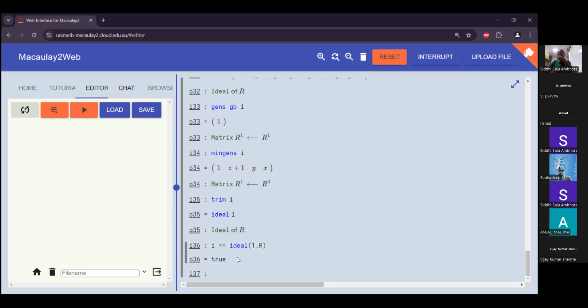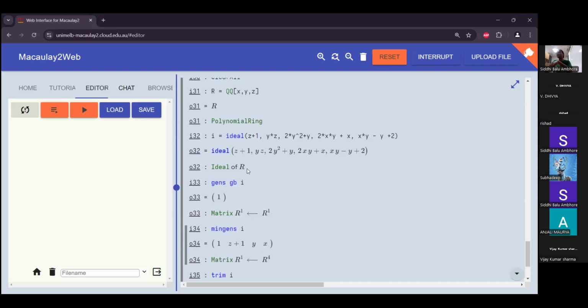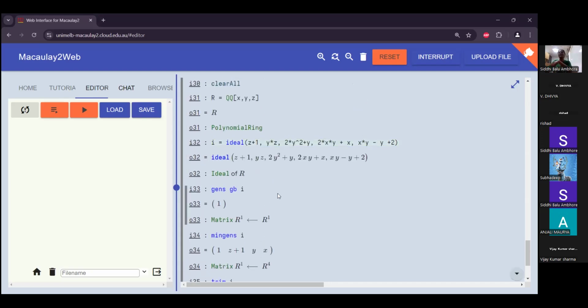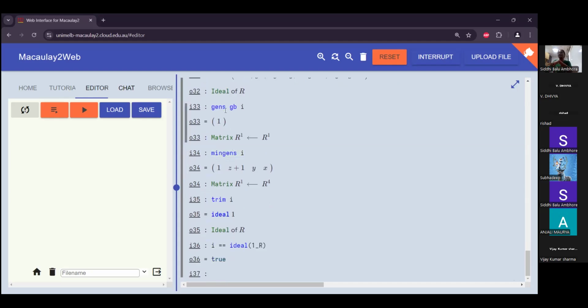And yeah, so there are many things. So you can define such ideals and check what Macaulay 2 does with this. And if you have gone through that non-graded assignment sheet, it has many Macaulay 2 codes written there.